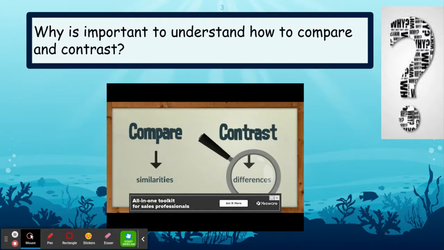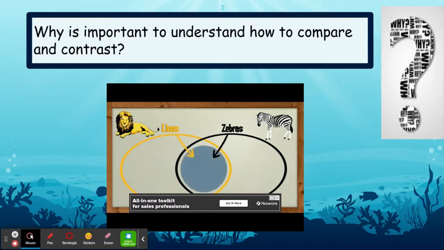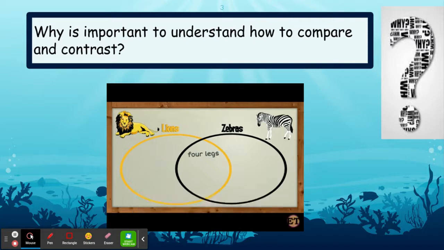As an example, we're going to use a Venn diagram to compare and contrast lions and zebras. A Venn diagram is a useful tool to help organize similarities and differences. We might note some similarities such as both animals have 4 legs, they're both found in Africa, and both are mammals.